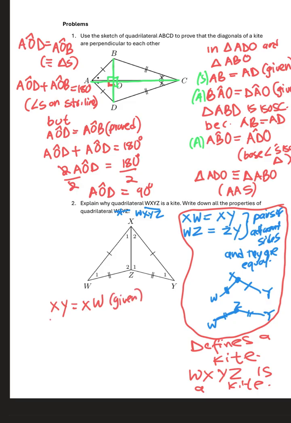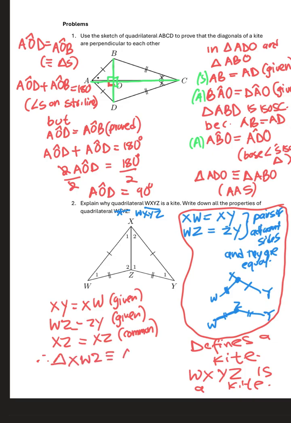We see that WZ is equal to ZY, given, and then XZ is equal to XZ, a common side. Therefore triangle XWZ is congruent to triangle XZY, reason: side, side, side.